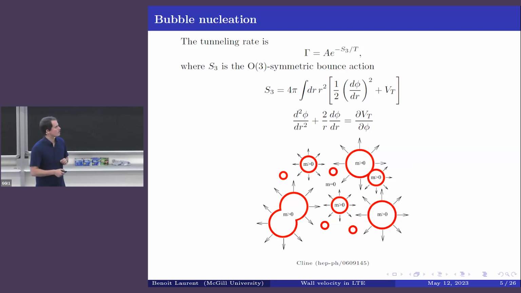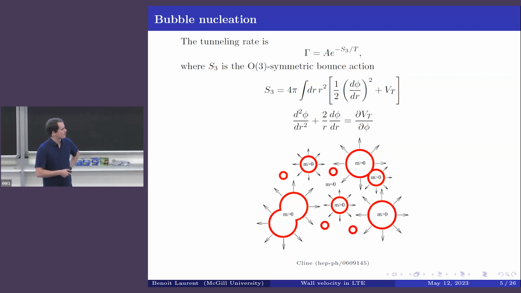To determine that, we need to solve this equation of motion for the scalar field. For the phase transition to happen, we want roughly one bubble to be nucleated per Hubble volume. This will happen when this gamma rate is roughly of order of the Hubble rate. So this is how we can compute the nucleation temperature.